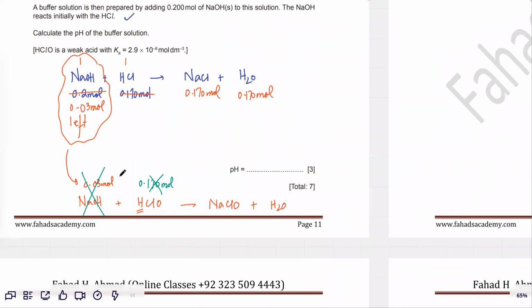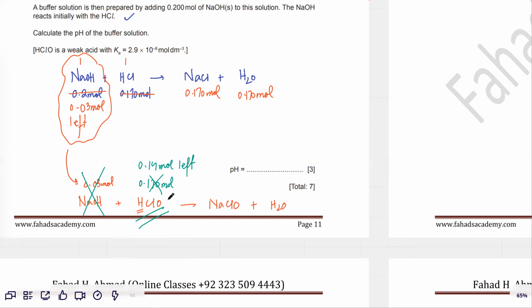So that means you'll be left with 0.14 moles. Right, out of the 0.17, it's 1:1, so 0.03 are going to react with 0.03. So 0.14 moles of HClO would be left in the flask.